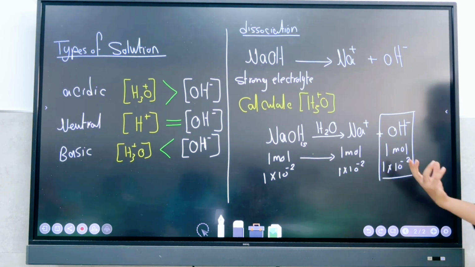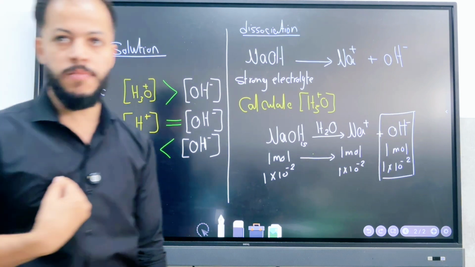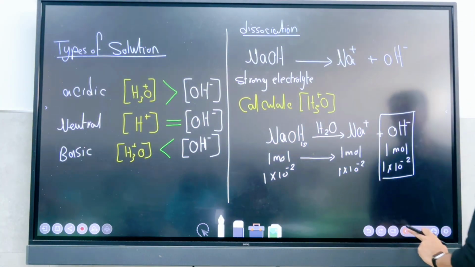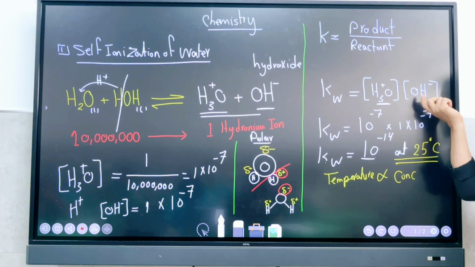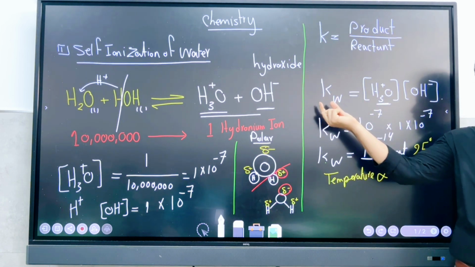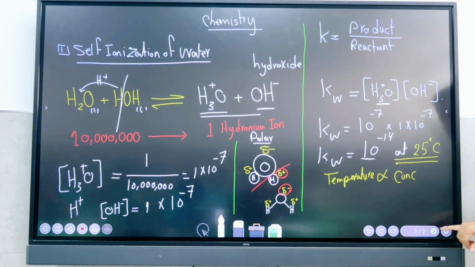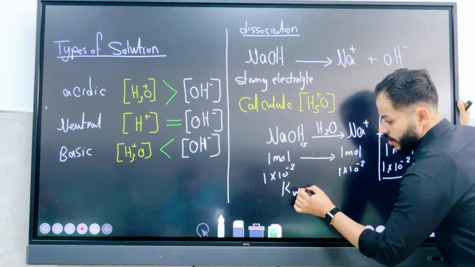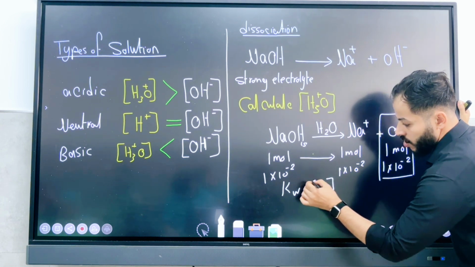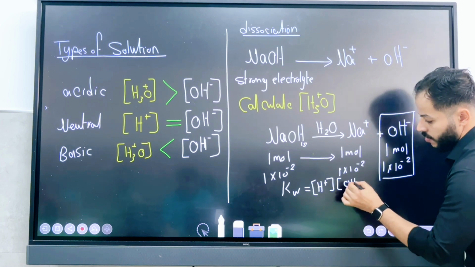Because if I have the concentration of hydroxide, could I calculate the concentration of hydronium? It's very simple. Going back here, guys, I have the concentration of hydroxide, and this is the constant number 10 to the power negative 14. Could I calculate this? Yes, very simple. Kw is equal to the concentration of hydronium times the concentration of hydroxide ion.